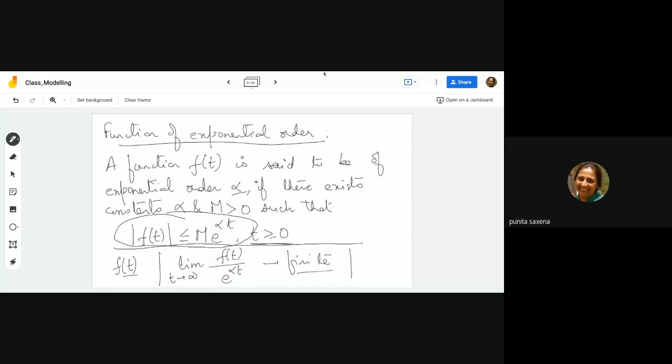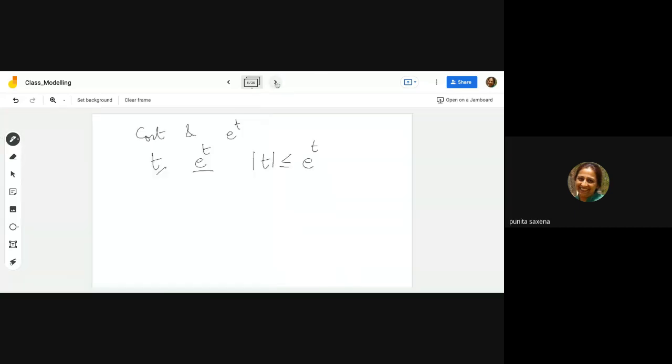So if you compare this with that expression, m e to the power alpha t, what does it mean? m is 1, alpha is 1. That means t is an exponential function of order alpha.